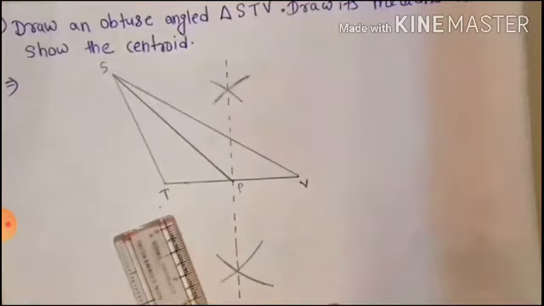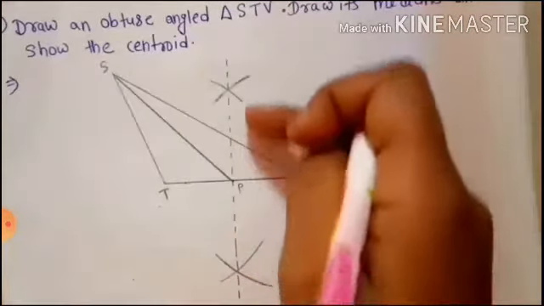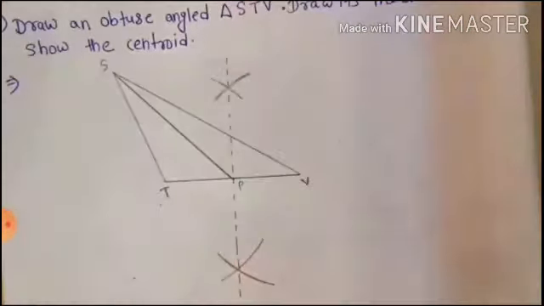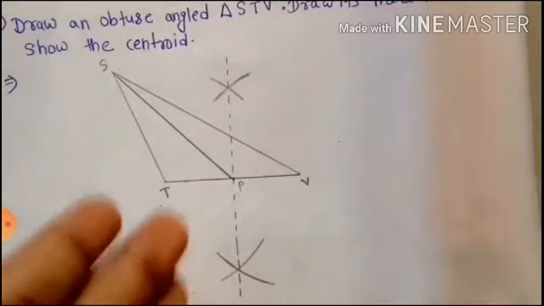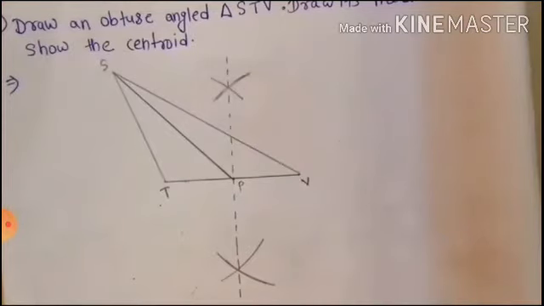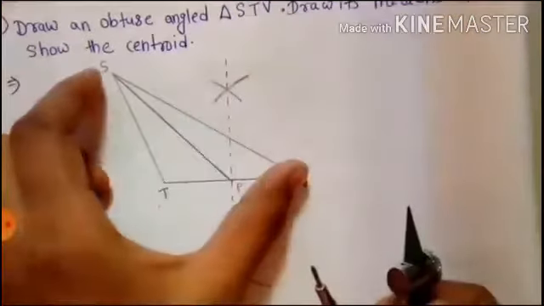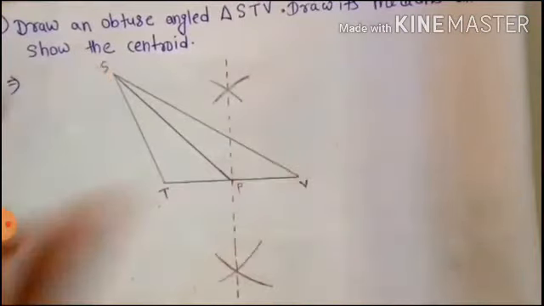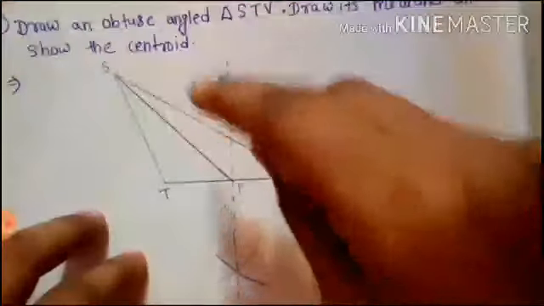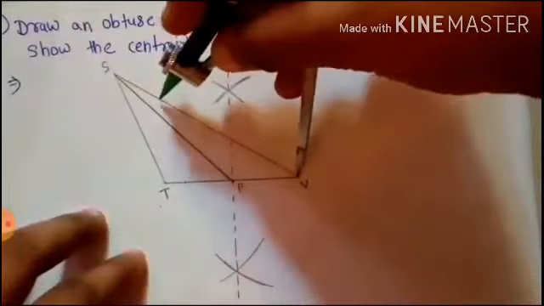Now take your compass, take more than half of SV. First put on V, then draw an upper arc and a lower arc properly.